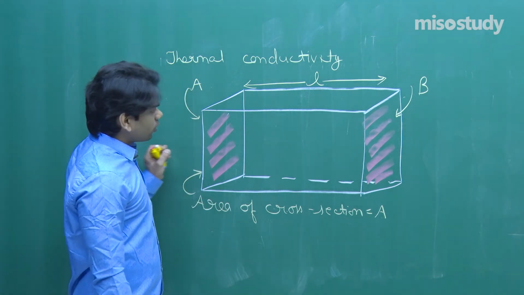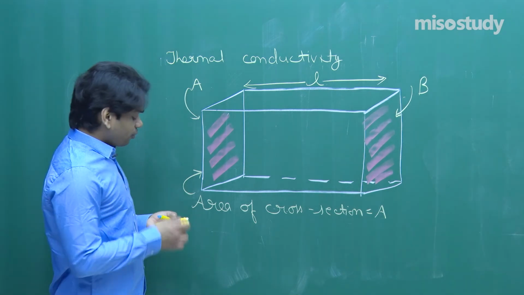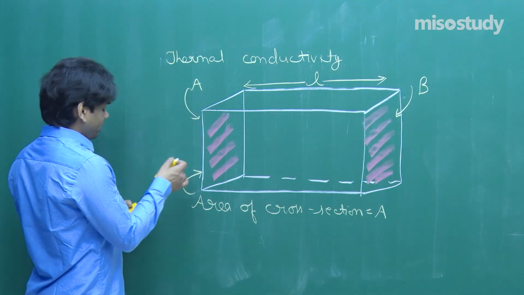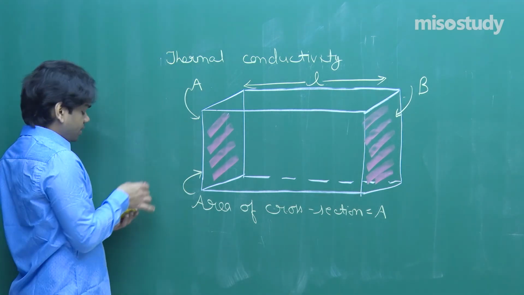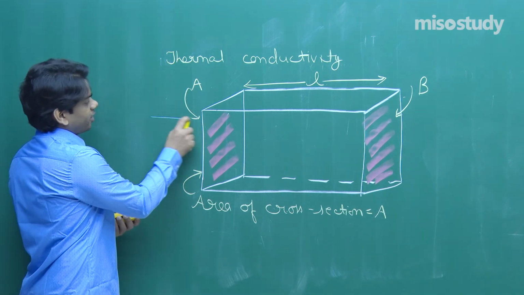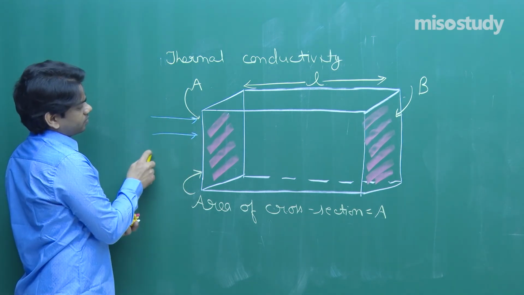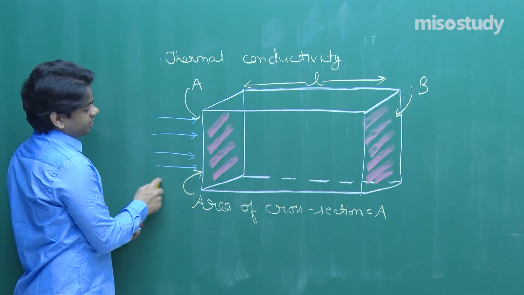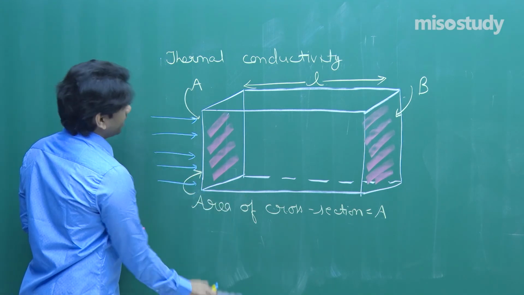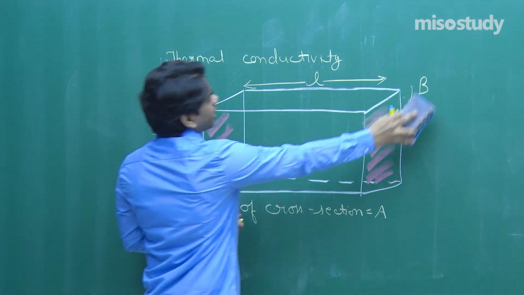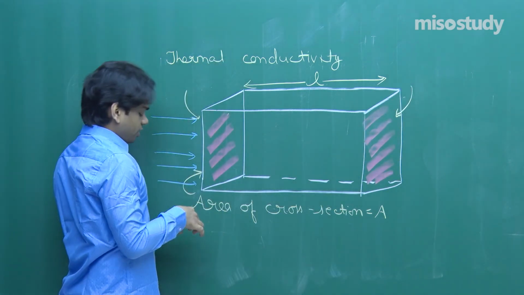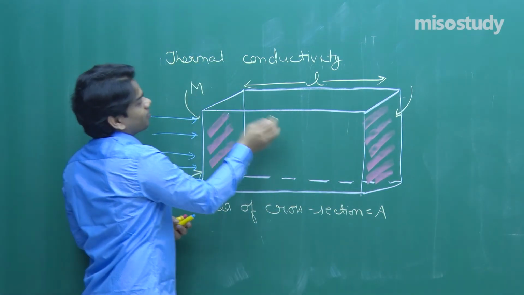Now observe this cube. If by any source I heat up this end, here also the area of cross section is A. So let me mark these ends as M and N, which is a better way to depict the ends.